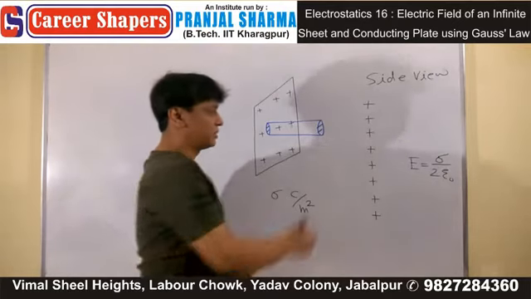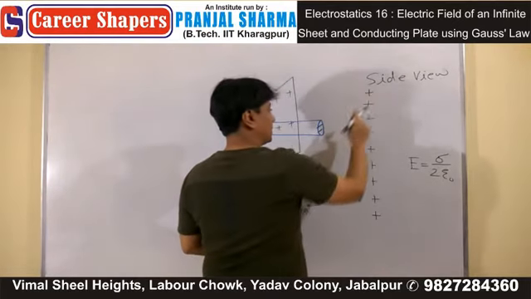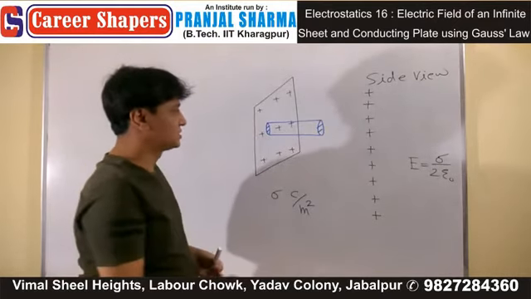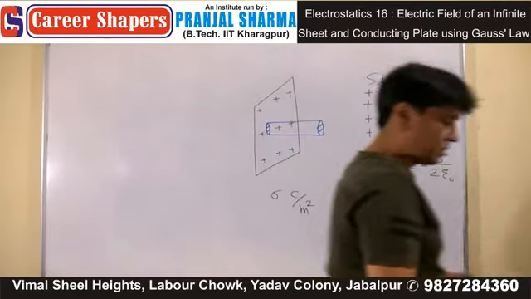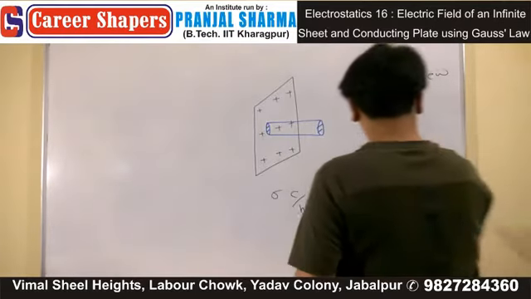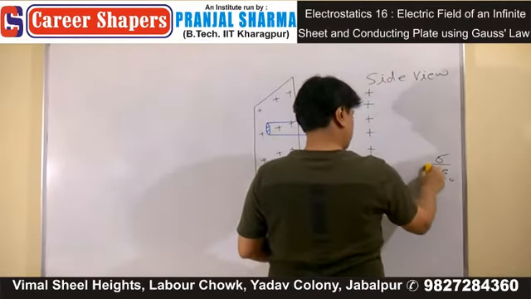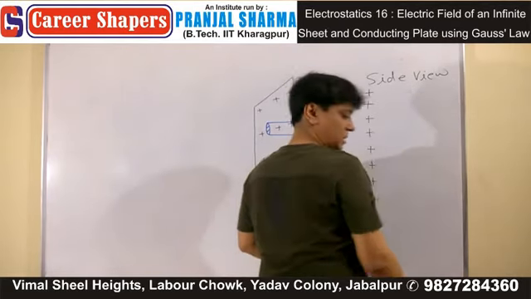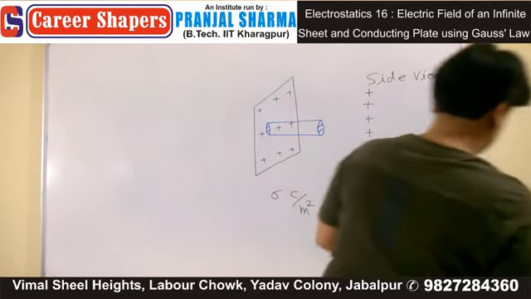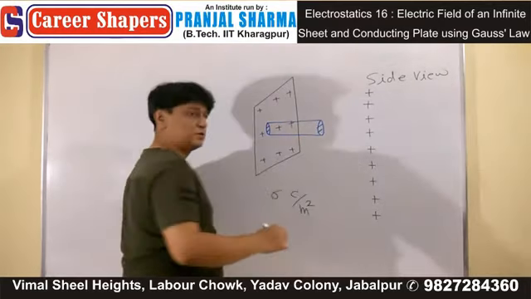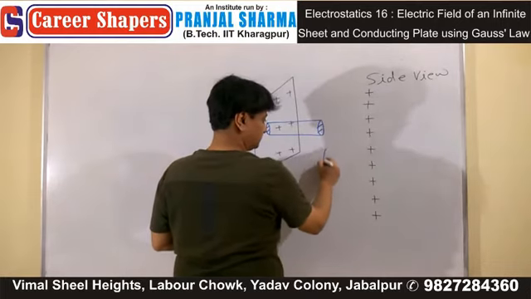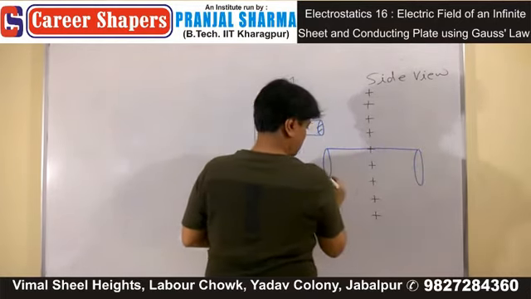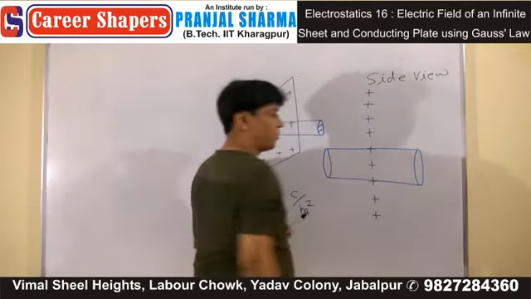Now, for this side view, this Gaussian surface is in this form. This is your Gaussian surface, in the form of a cylinder.